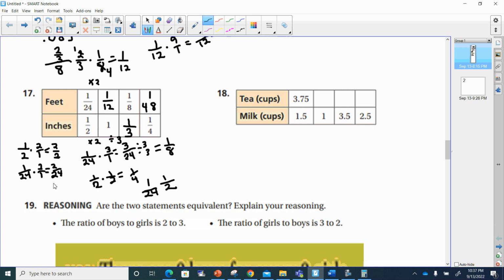Let's see what happens here. 1/2 times 3 would give me 3 over 2. And that's 1 and 1/2. So I think I messed up there. I'm sorry about that. That's going to be 1 and 1/2. I'm glad I went over this now.